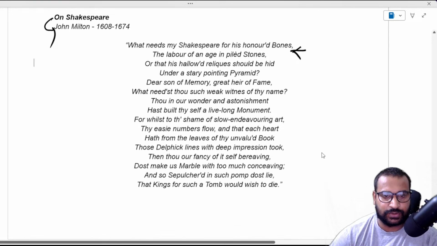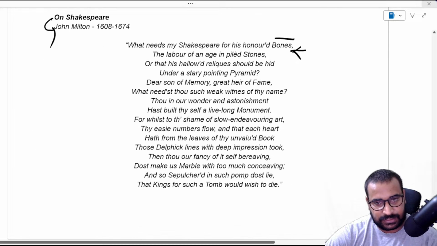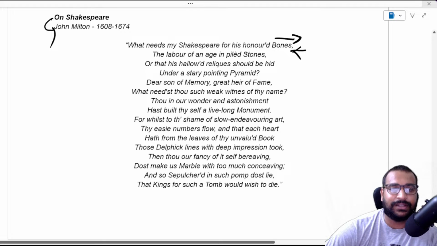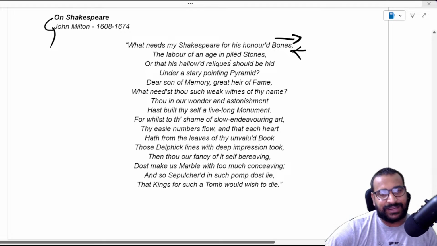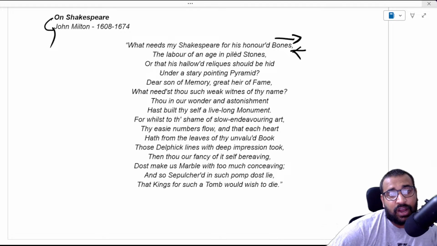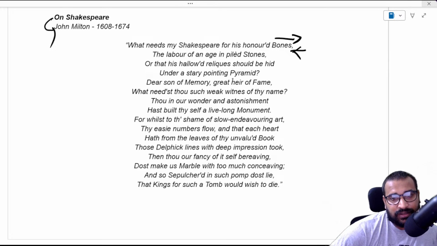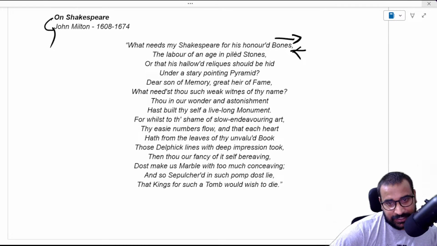Now you should know the first line as well, because there was a question on that itself. The labour of an age in piled stones, or that his hallowed relics should be hid under a star-ypointing pyramid. Dear son of memory, great heir of fame, what need'st thou such weak witness of thy name?